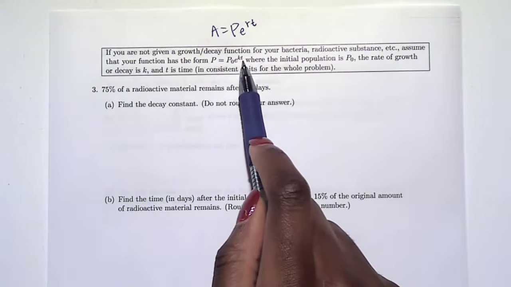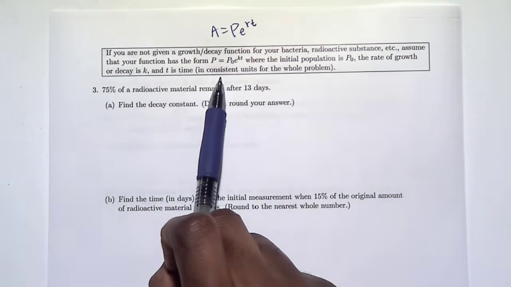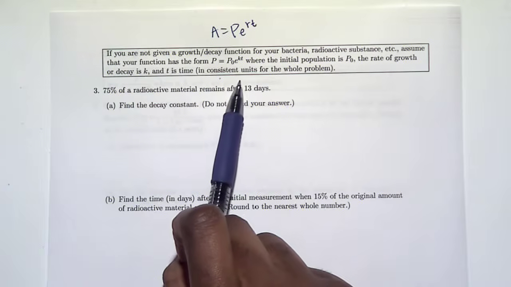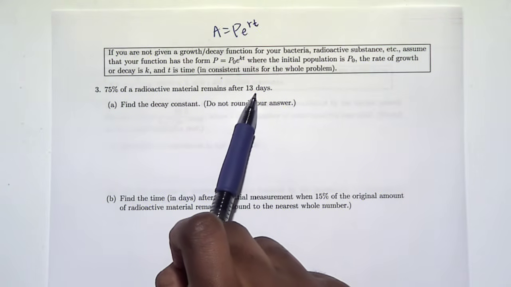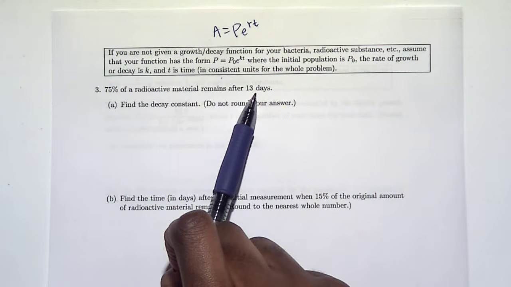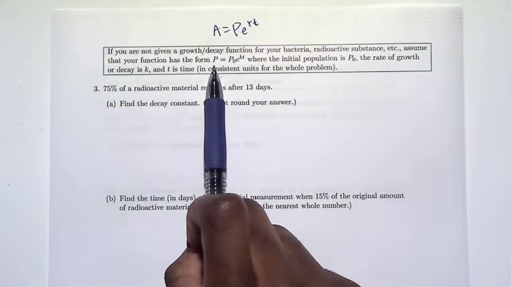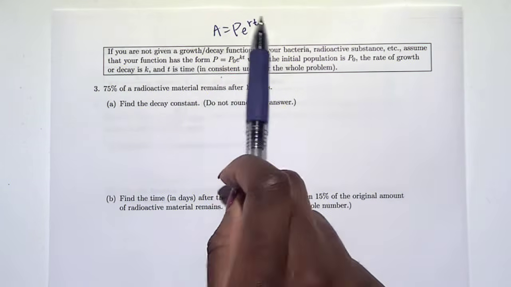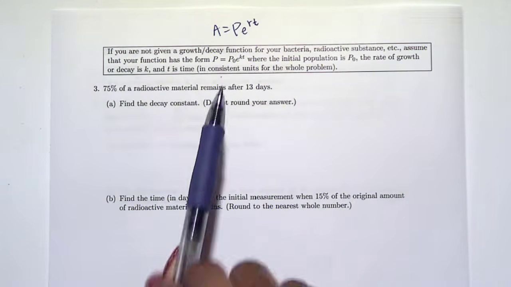And then T is still time, and time could be years, but it might not be years. It's going to just be consistent units for the whole problem, like when you see days, so time is going to be in days for this problem. And then finally P is the population, so the ending amount. So it's the same form as PERT, but with different letters, and these letters have different names.